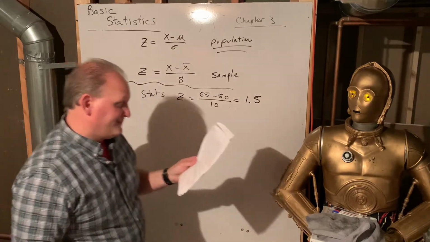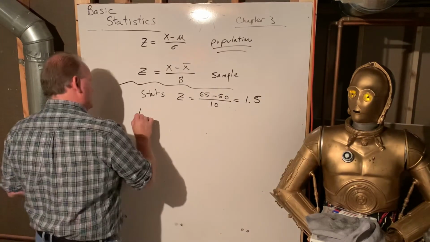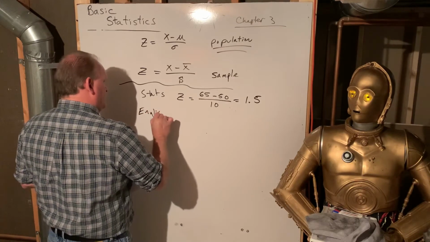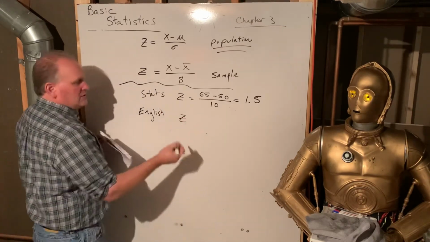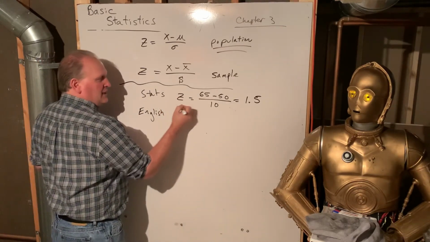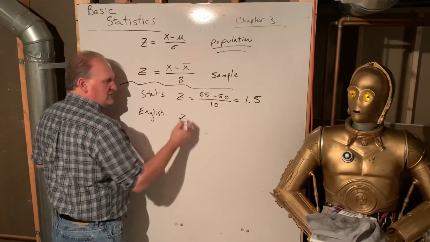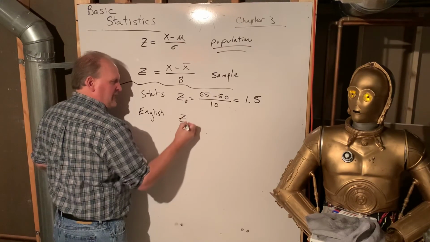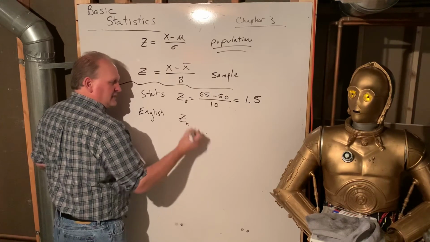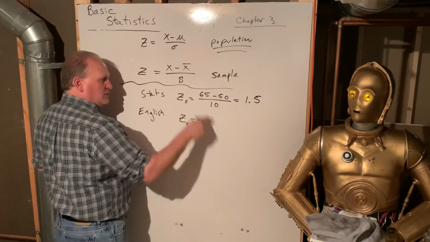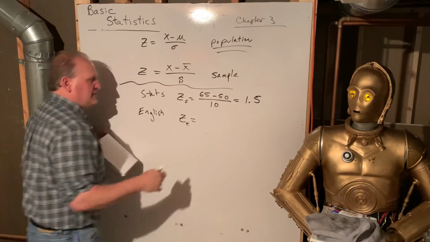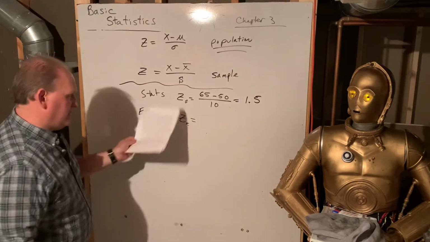So you did good. For English, the Z-score, and a lot of times you could use a subscript here to differentiate between the two Z-scores. You could put a little S there for stats, and a little E there for English. So if you look back at your work, you know that one was stats and that one was English. Or you could just write stats and English and leave them both Z.